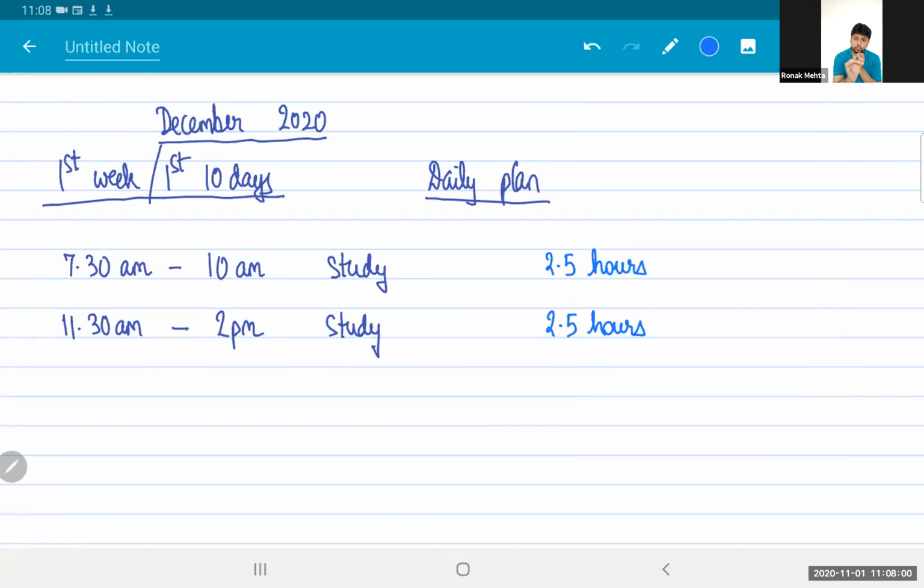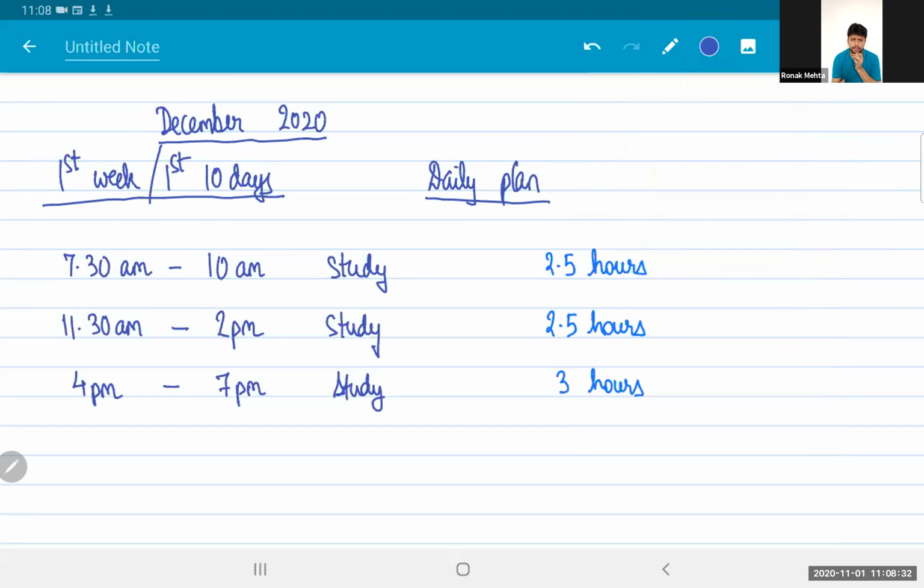Take a proper 2 hour gap for lunch and maybe taking a nap. And resume your study at 4 o'clock. Let's say you are studying 4 o'clock to 7 o'clock, 4 to 7. Proper study time of 3 hours. You would have rested. You've had your lunch also. Now you put in a full-fledged 3 hours.